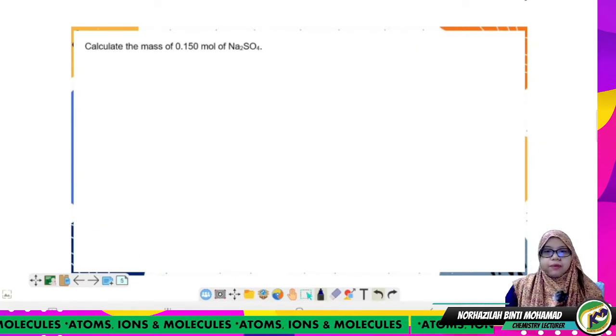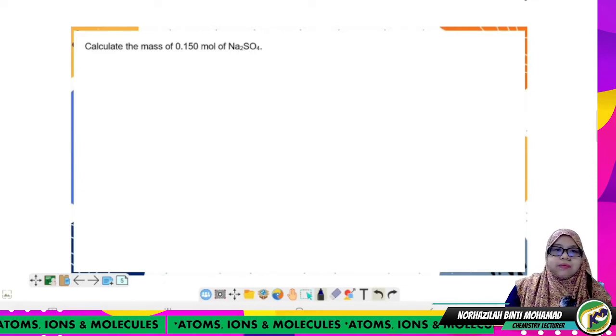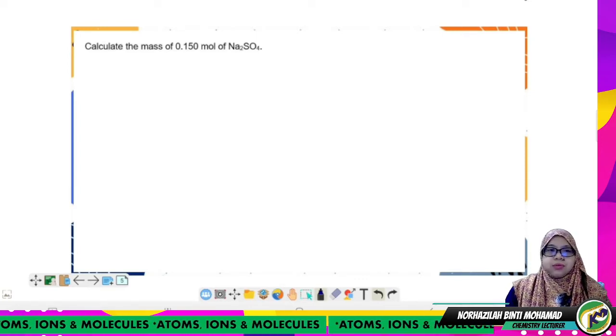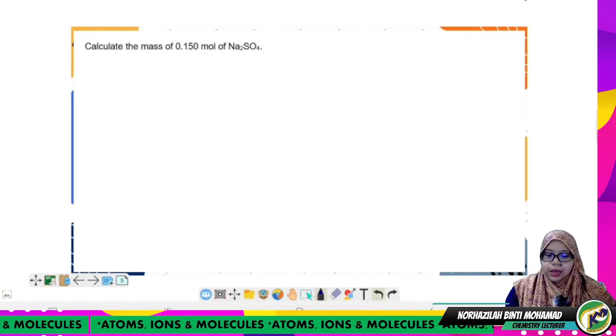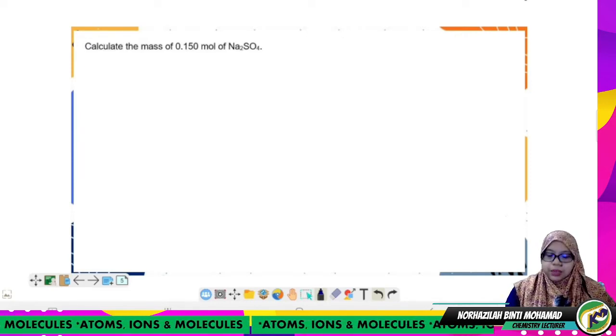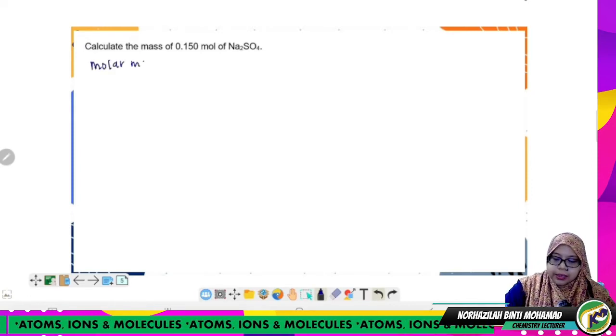Okay, how about the fourth example? So it asks us to calculate the mass of 0.15 mole of sodium sulfate. Okay, right now it asks us to relate mole with mass. So the Avogadro constant that we will use here is the molar mass.